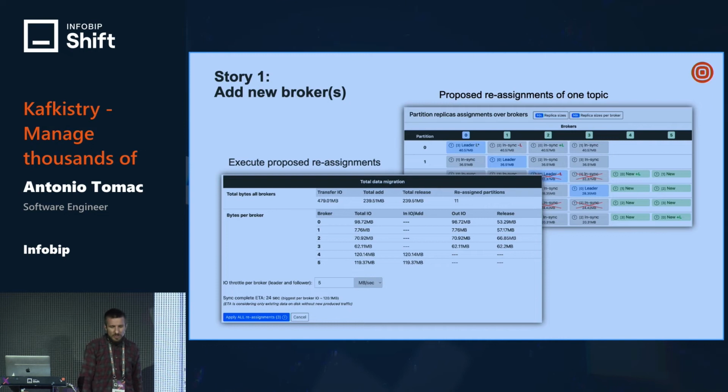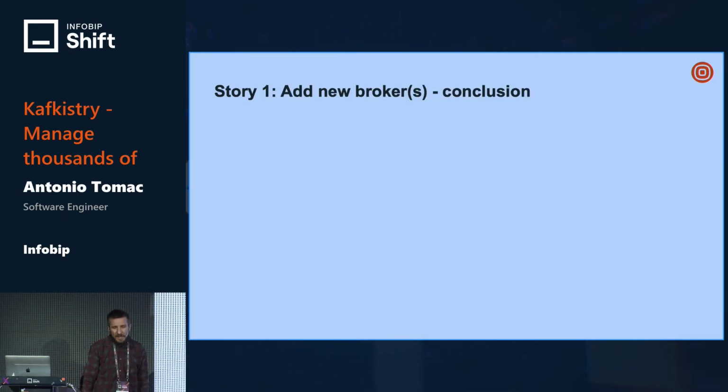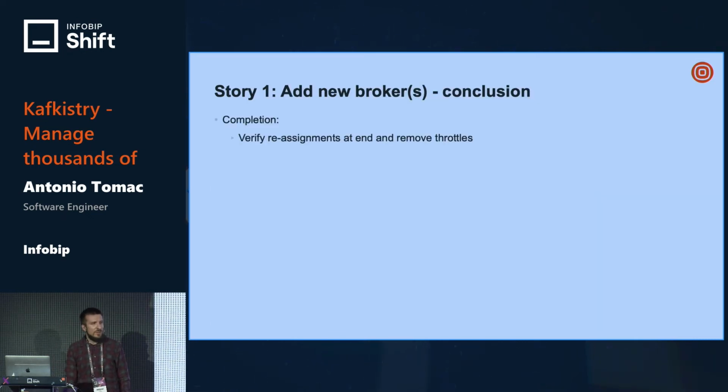And if we are happy with the proposal, we can then execute it, and we wait for the completion. After it has completed successfully, we can repeat again until all topics are evenly distributed across all brokers. And after we are finished, we just need to verify that the assignments are correct, and that will remove the throttling.